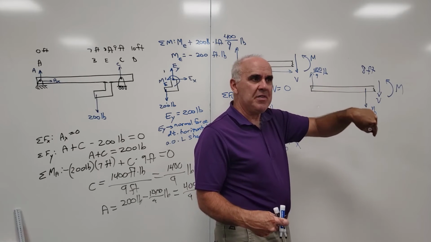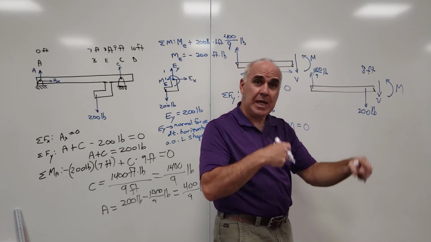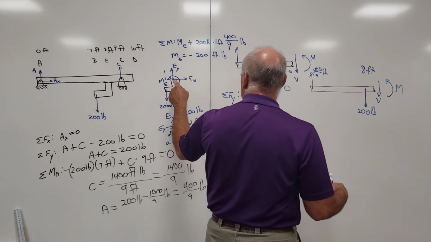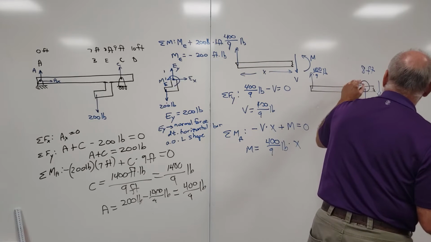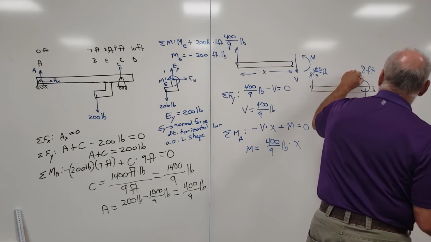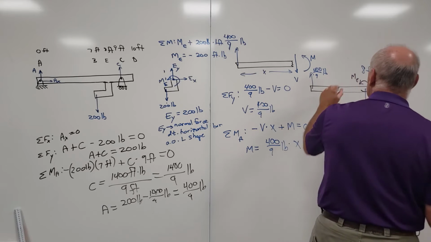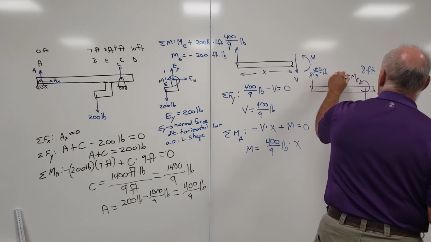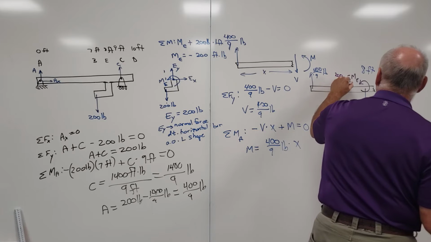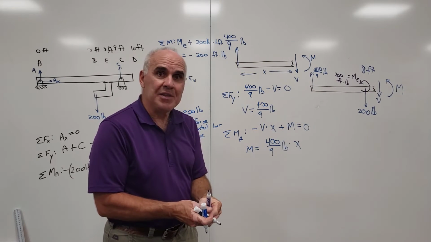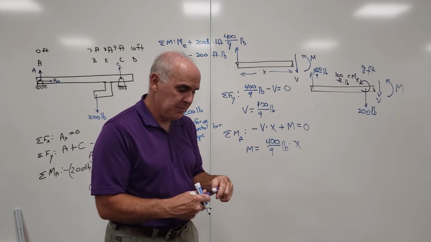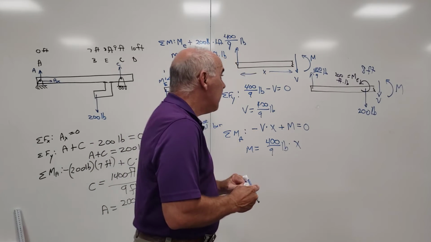So the moment caused by the L shape acting on the horizontal bar is going to be in the opposite direction. So if this is clockwise, then this moment exists right there. And so I'm just going to label that m sub e, and that's equal to 200 foot-pounds. And that's going to be counterclockwise because it's equal and opposite, right? Third law is really important here. It's super, super important.